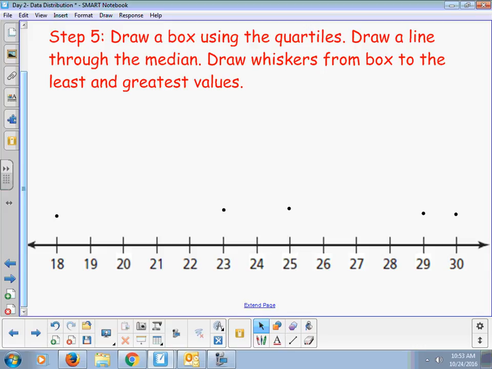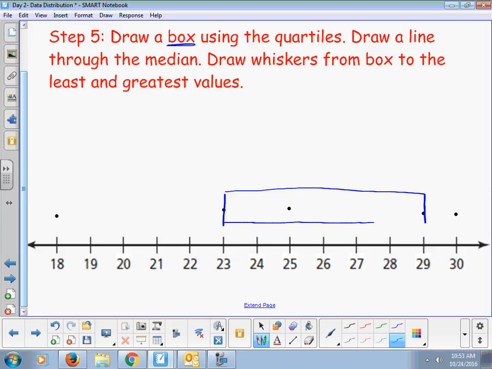So once you have your points graphed, you're going to go ahead and create your box. And to make your box, you use your quartiles, Q1 and Q3. So I'm going to create my box with my quartiles. You have to draw a line through the median.